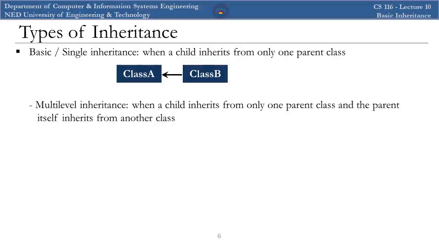Okay, there is a related concept here. Inheritance could be multi-level also, like this basic inheritance could be multi-level inheritance also. In multi-level inheritance, the scenario is something like this.